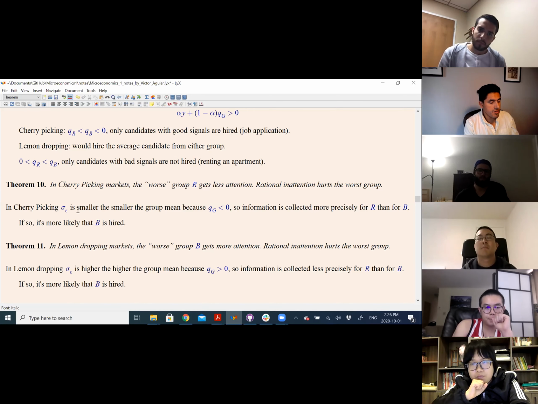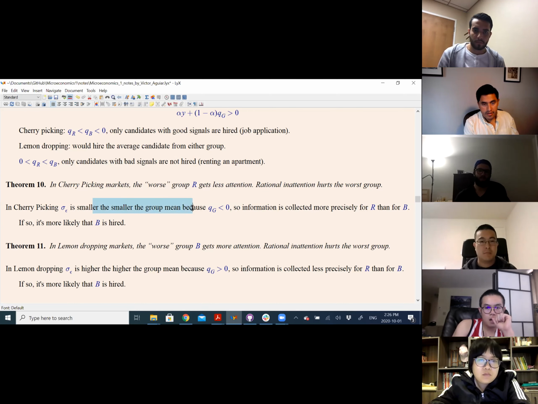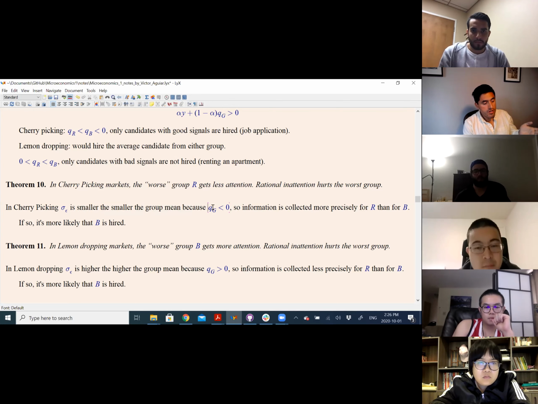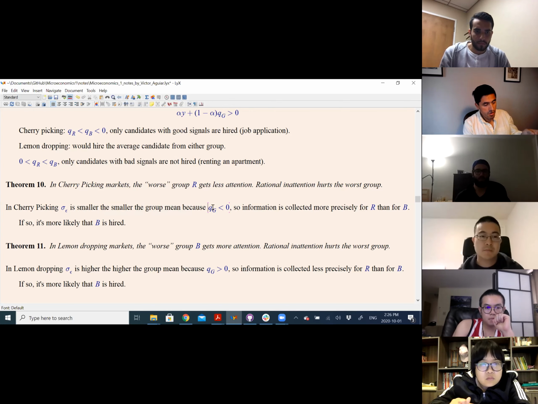Why does that happen? Because sigma epsilon is smaller the smaller the group mean. Remember, in cherry picking, both QR and QG are below 0. So the effect of the sigma epsilon goes in the same way as the QG. To be more precise, the lower the value, the more precisely information is collected.